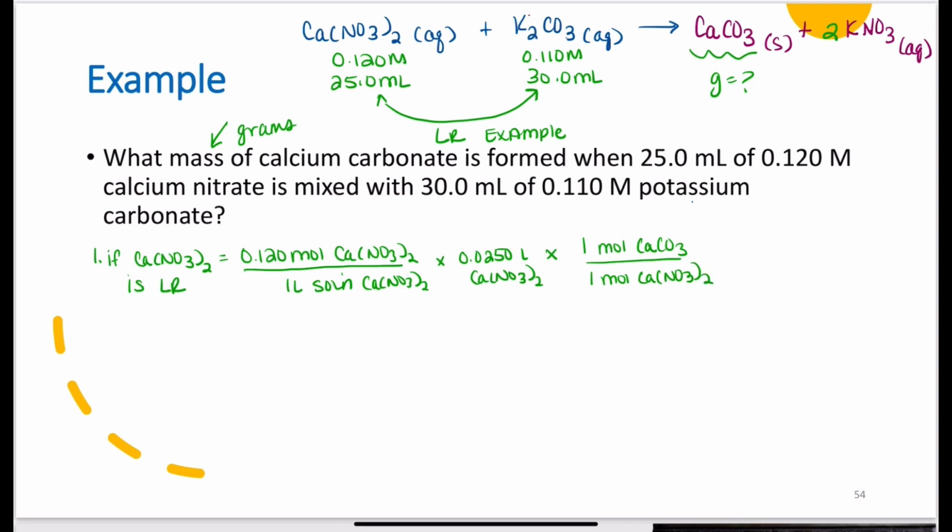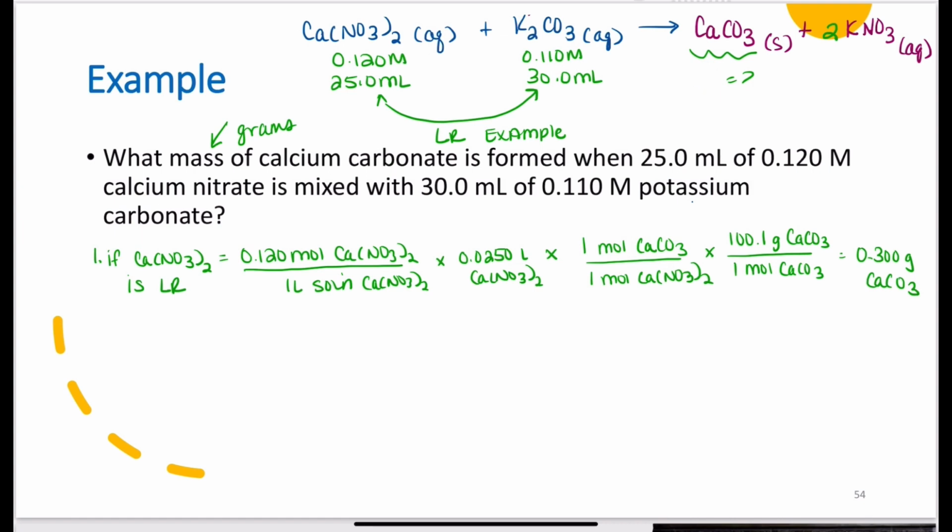Mathematically, this step does not matter, but you have to write it down if you want full credit because it's showing the proper conversions. Now convert to grams of calcium carbonate, add the molar mass of calcium carbonate, and you find that the molar mass is about 100.1 grams per mole. And we get an answer here of 0.300 grams calcium carbonate.